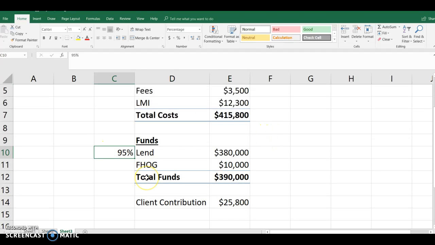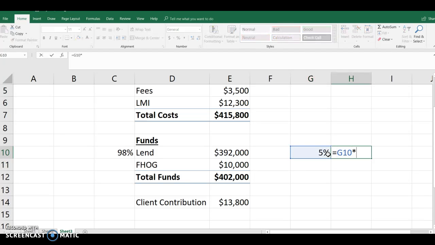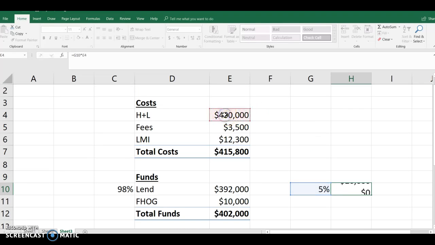Now, if the lender was to lend up to 98%, then the client, as you can see, only needs to contribute $13,800. Okay. Having said that, the lender still requires a 5% genuine savings deposit.